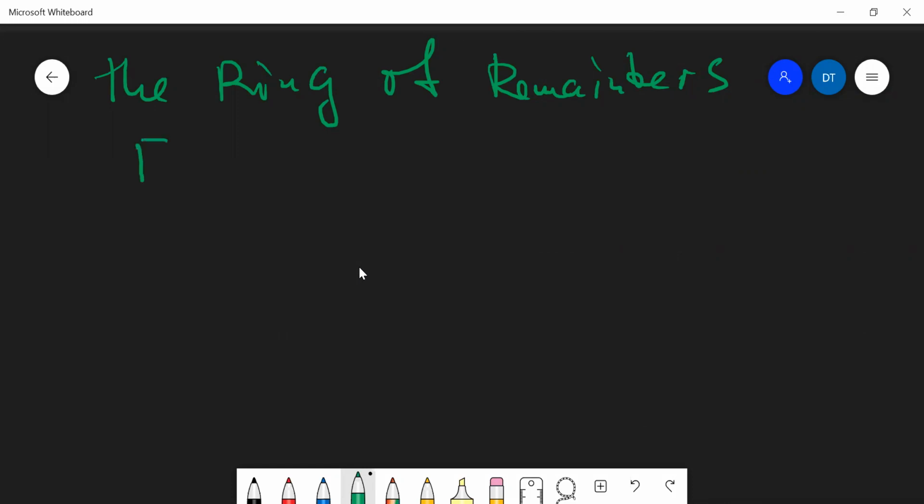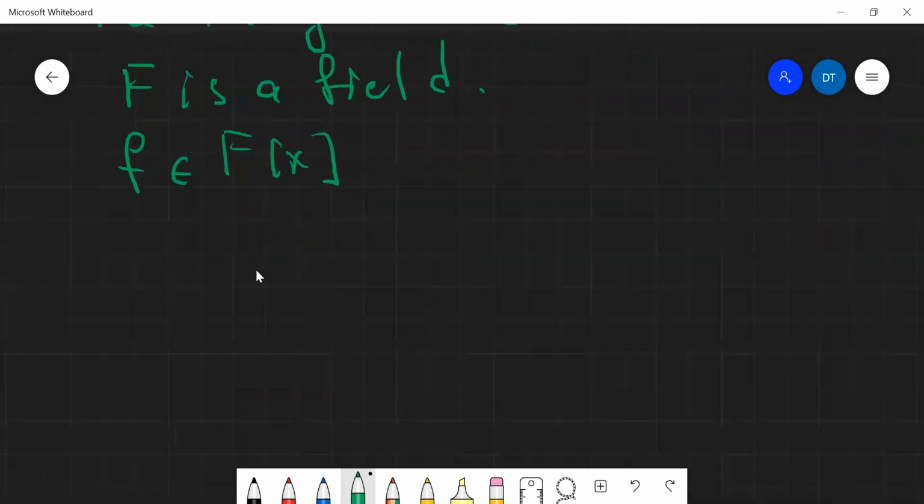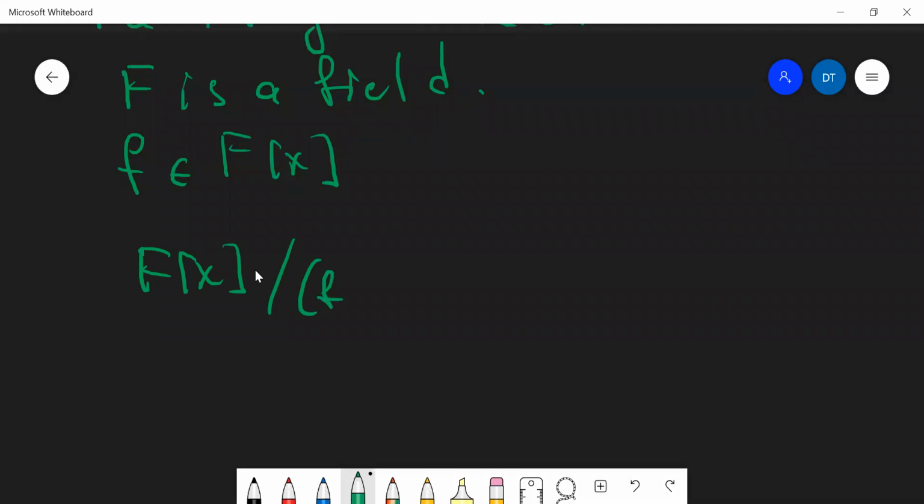So suppose that F is a field, and we fix a polynomial f from the ring of polynomials. Now I want to define a ring which will be denoted by this strange notation. It's called the ring of the remainders modulo f, or the quotient ring with respect to f.